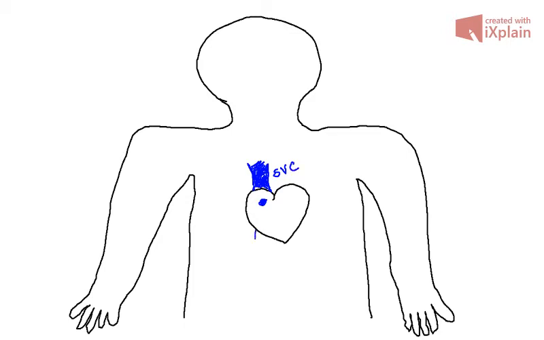And it also extends down. It still empties out in the same place up here in the right atrium, but it also extends down through the abdomen, and here would be the diaphragm.